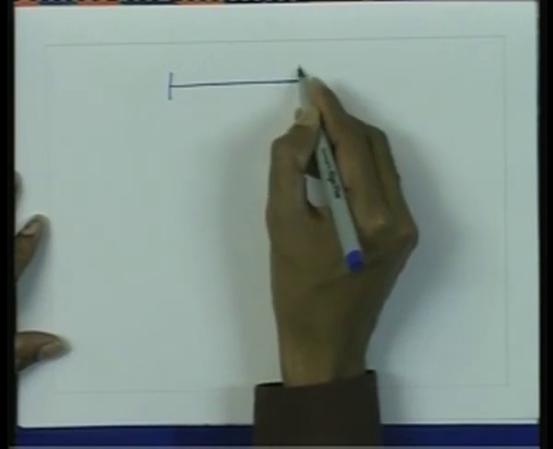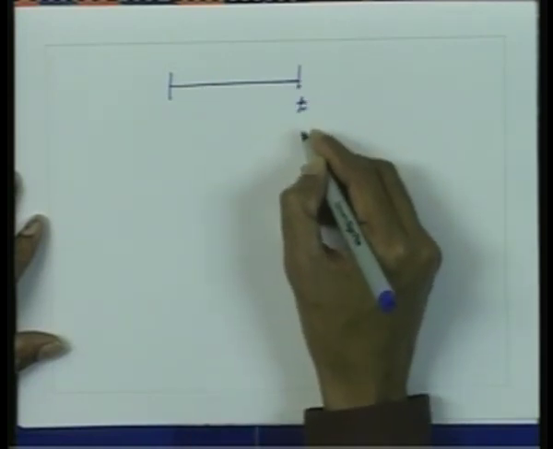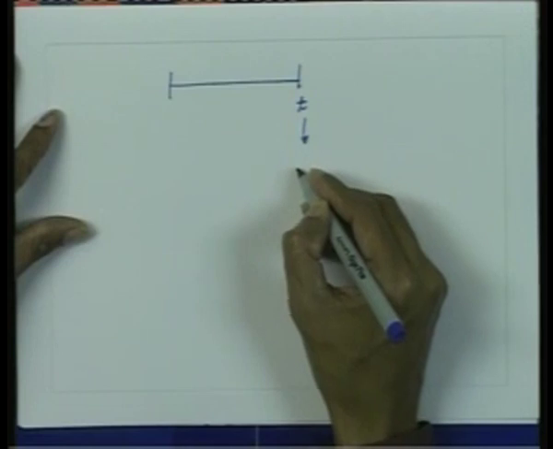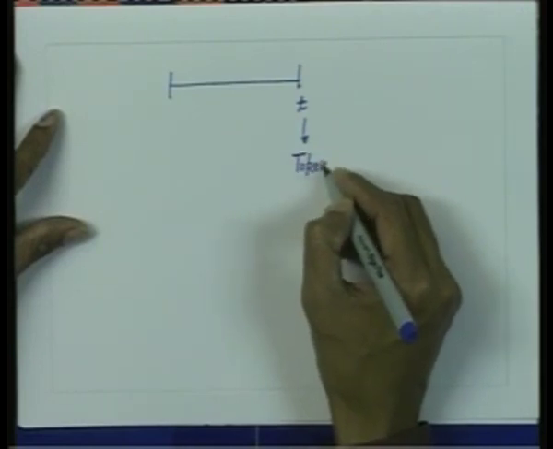Okay. Now at time t, if this happens, then the token bucket should have been empty, because since it is empty, the bit is not able to leave. So at time t the token bucket should be empty.